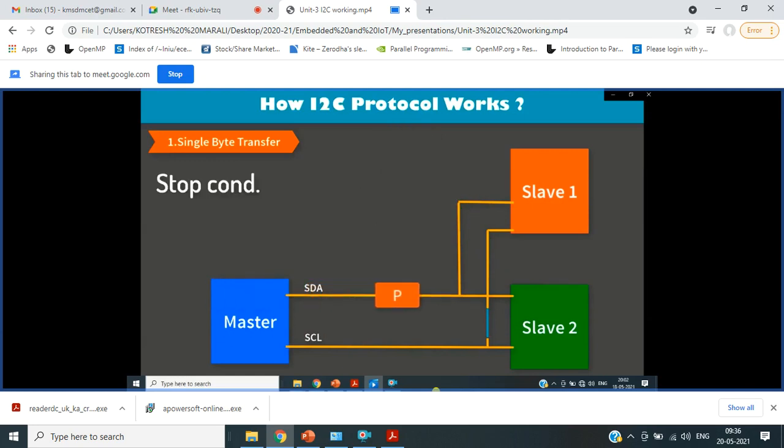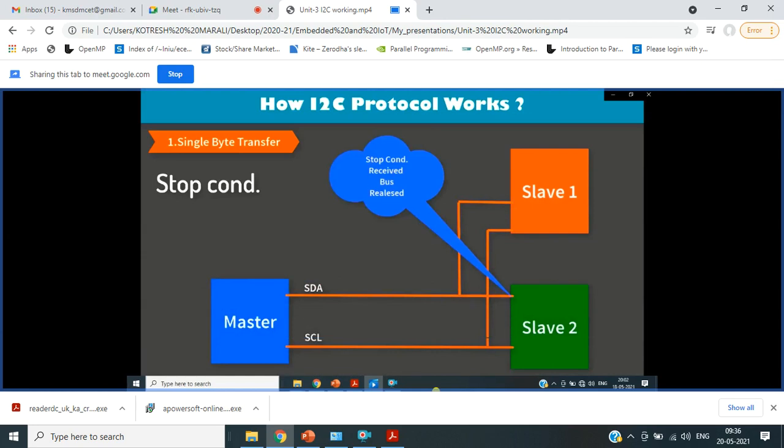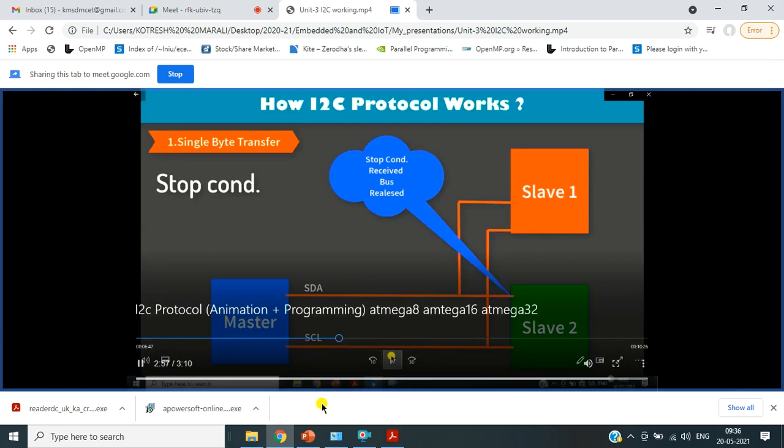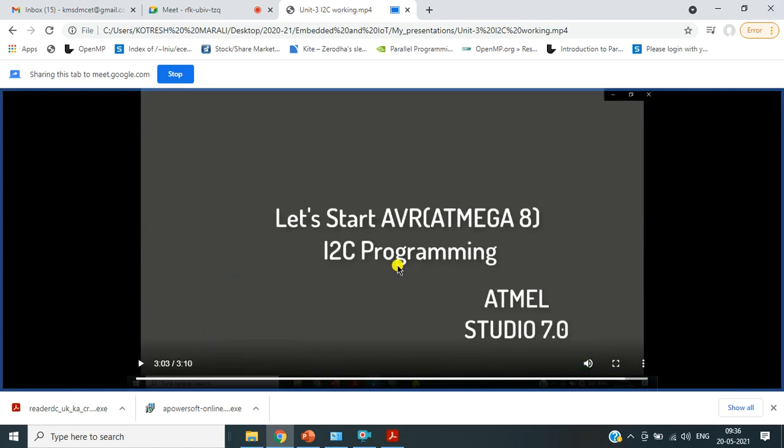Once it received, again it sends the acknowledgement. So that's all about the small animation window.